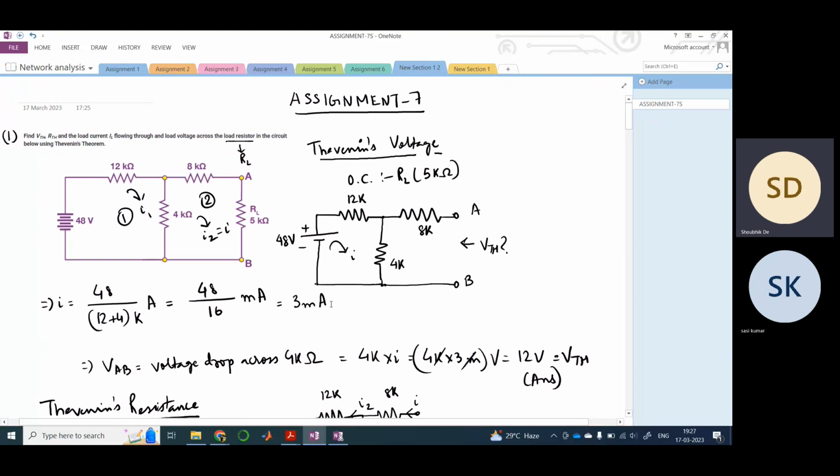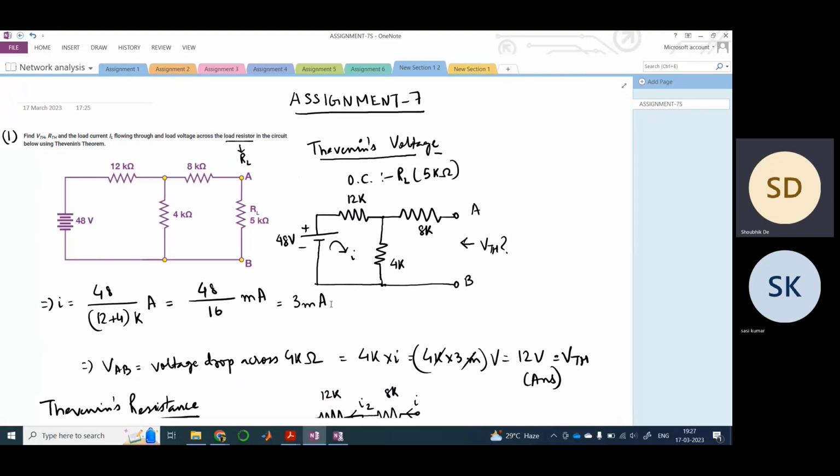Since this is a small circuit, you may find Thevenin's theorem not too helpful here. But we will see later, as the size of the circuit keeps on increasing, you will have more meshes and more nodes.